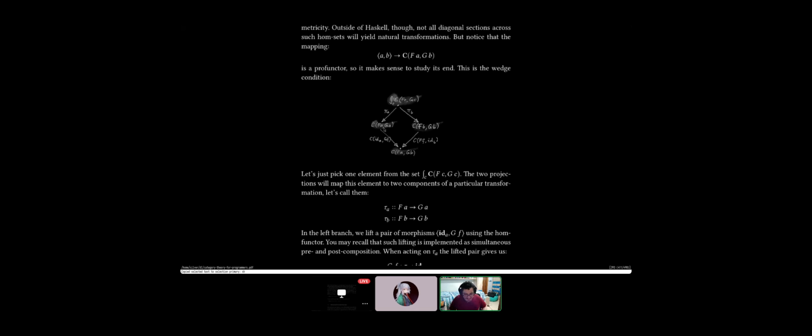What? Let's go back. We are grabbing an element from that set. That set is a home set, right? For all C in that home set, going from FC to GC. Yeah, you can read this integration with the C on the bottom as a for all C, basically. For all little c, we have a home set in which we have morphisms going from FC to GC.